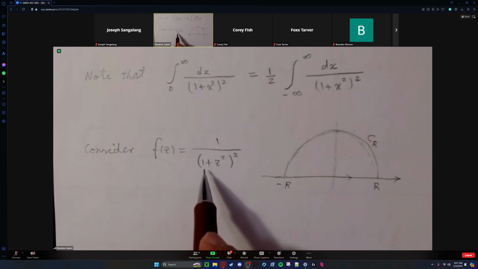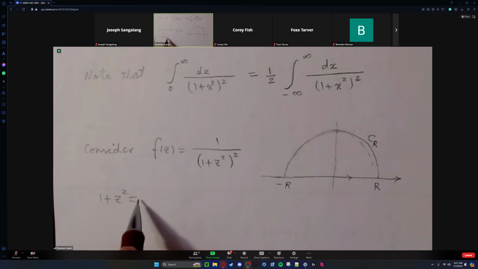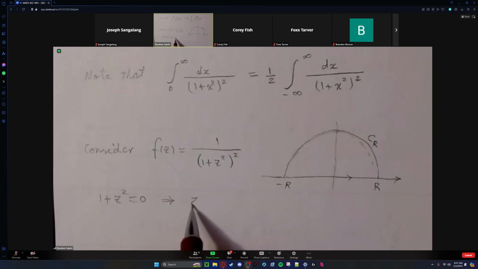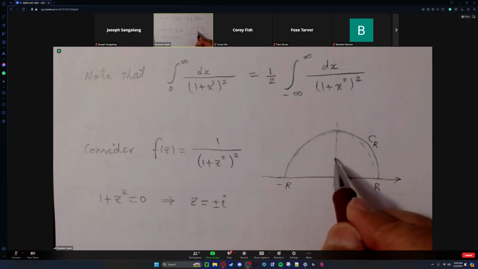The poles are zeros of the denominator, right? So 1 plus z squared equals 0 will give you z equals plus or minus i. But minus i is outside, so we don't care about minus i. i is here.